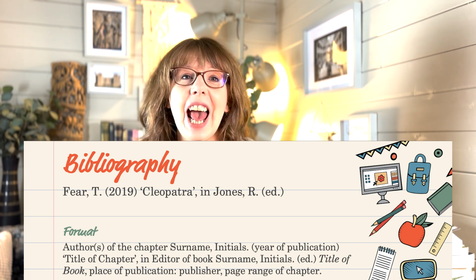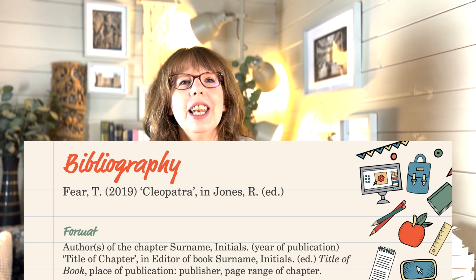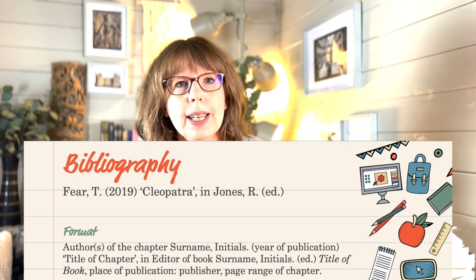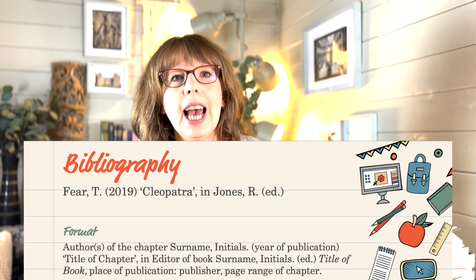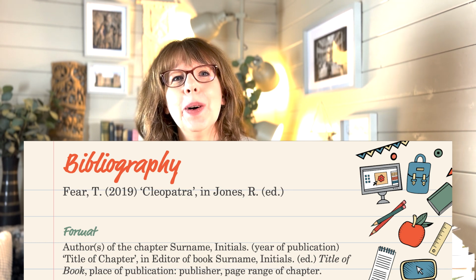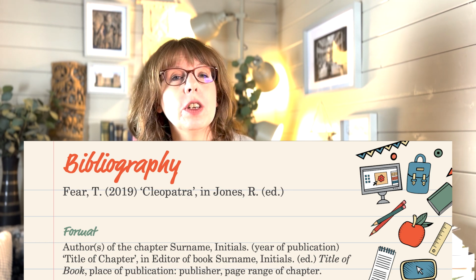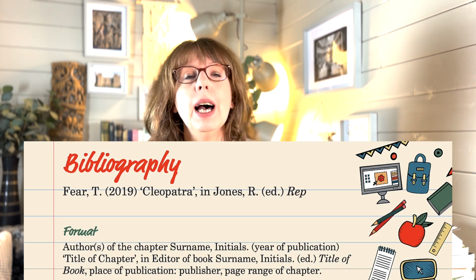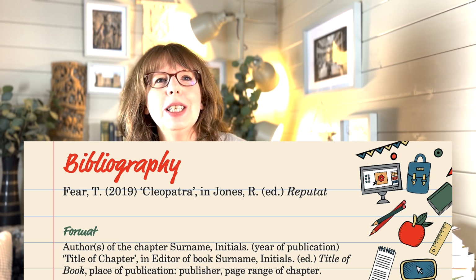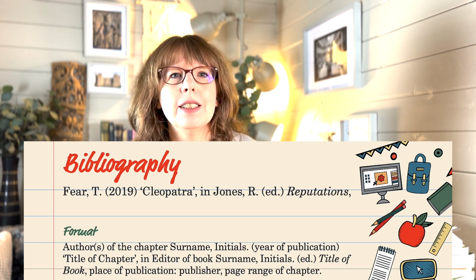That just stands for editor. Now I need to add the book title using italicized text. That's normally an easy one because the title is normally on the front cover or on the spine of the book. The title of this book is Reputations.